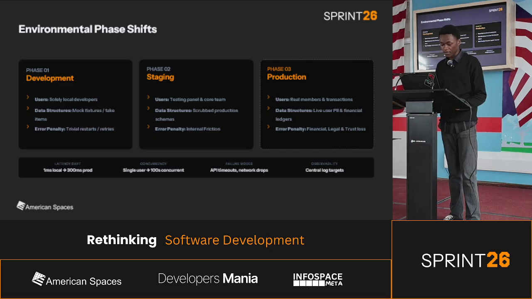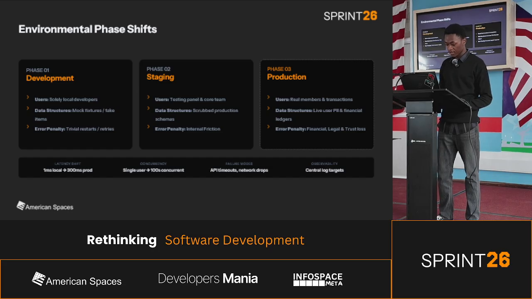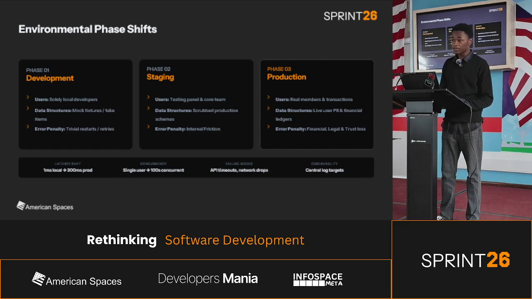And then we have the next stage, which is staging. This is where you have testers and a panel of people who test whatever you have built. Now when you fail here, it's embarrassing, but it is recoverable. And then we have production.